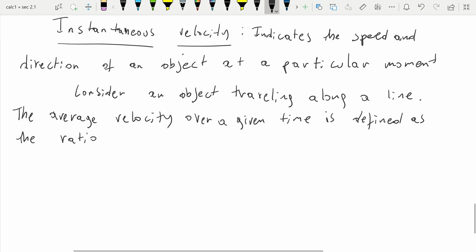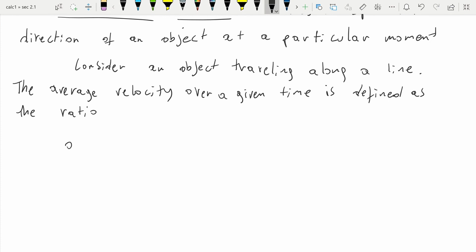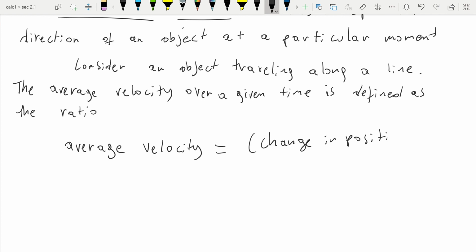This is the all too familiar expression that we know from previous courses. The average velocity must correspond to the change in position, so how much has been traveled, all of that divided by the change in time.